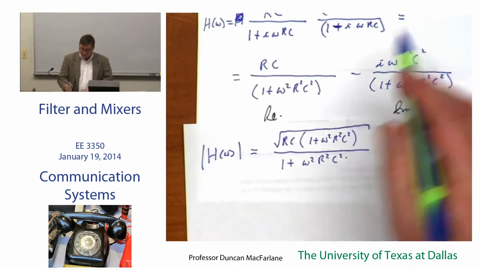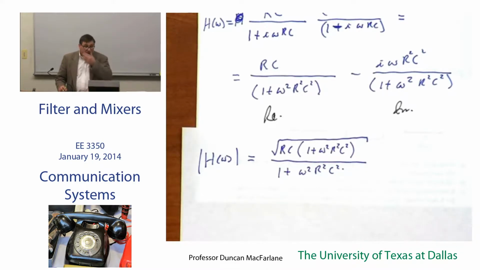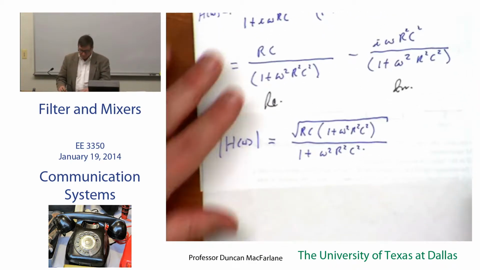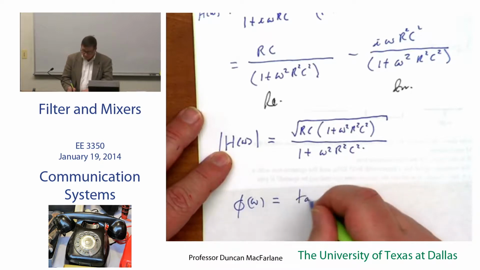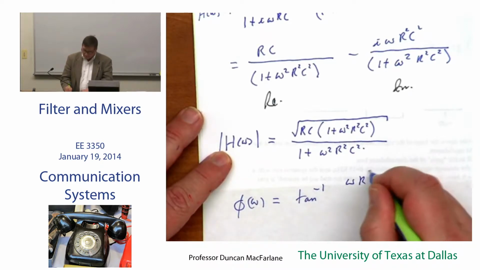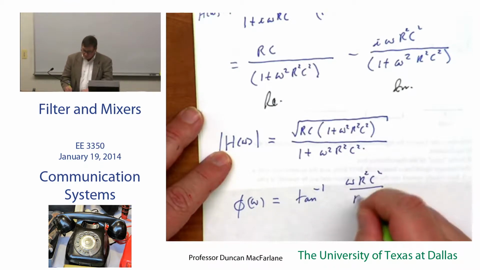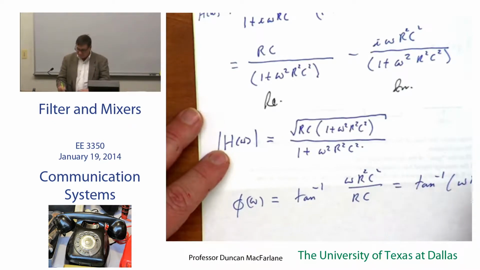So I take that squared, I take that squared, I put them together, I factor out an RC, and there we have it. Should double check that. That doesn't look quite right to me, but. And then the phase response is equal to the inverse tangent of omega RC, R squared C squared over RC, which is the inverse tangent of omega RC.